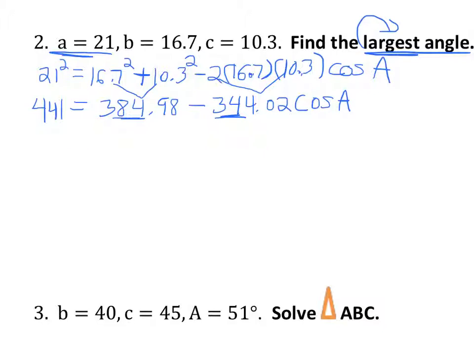I want to get cosine of A by itself. So what I'm going to do next is subtract 384.98 from both sides. That cancels out.